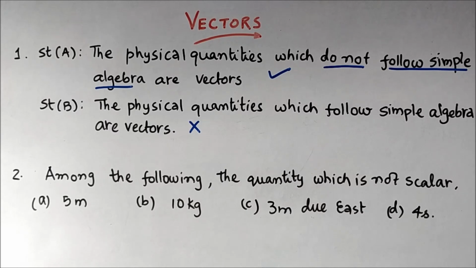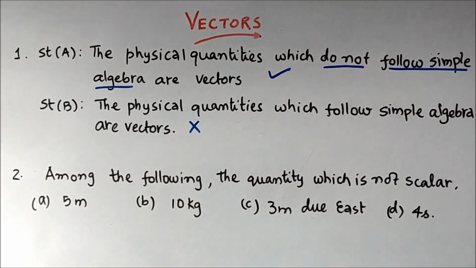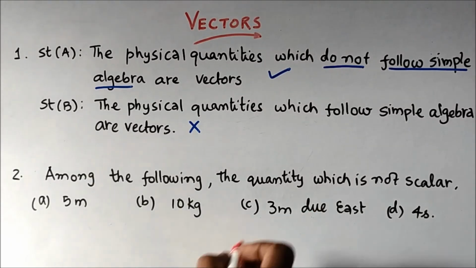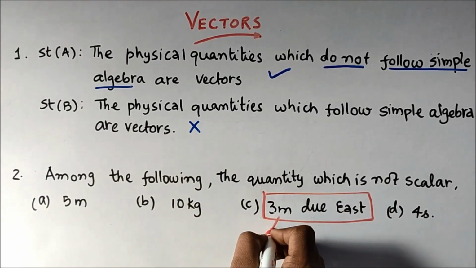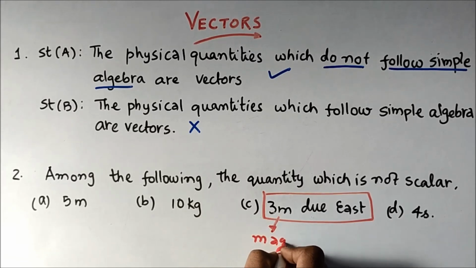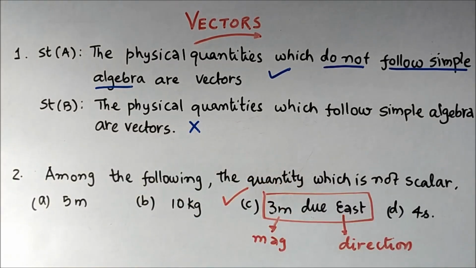We have studied that scalars have only magnitude. Magnitude consists of number and unit. The quantity which has direction is called a vector, that is, not scalar. So 3 meters due east means towards east. It consists not only of magnitude but also of direction. Hence this is not scalar, this is a vector. So option C is the correct answer.